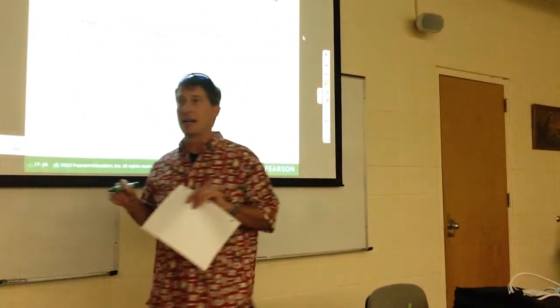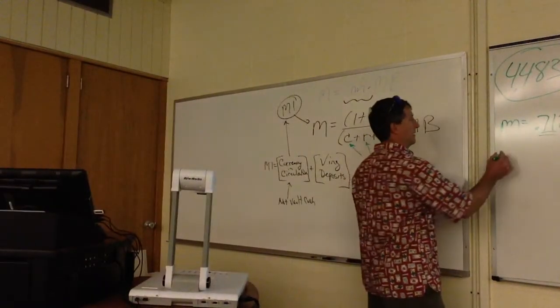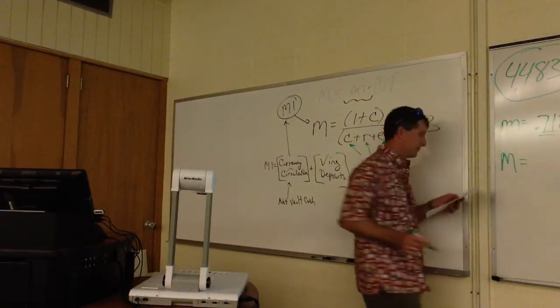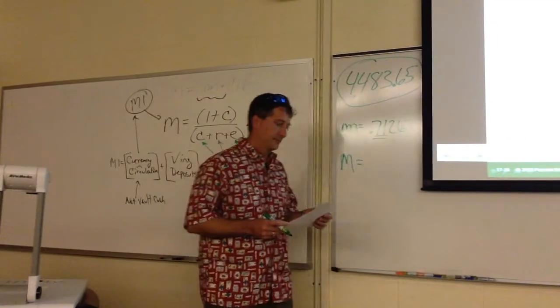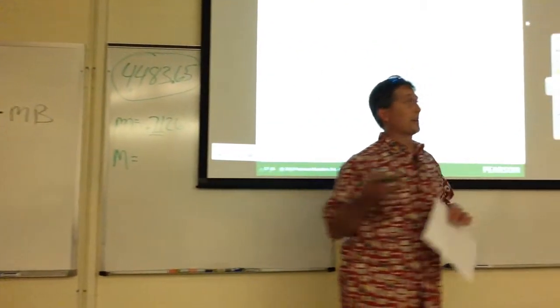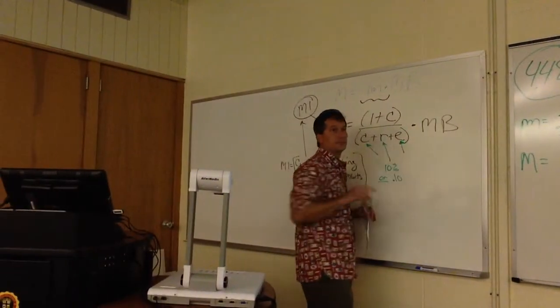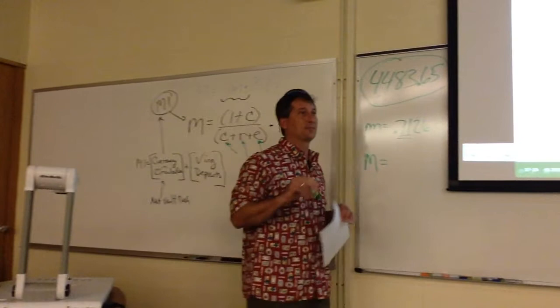What's the new money supply then? The monetary base did change. So the monetary base changed by the 1,400. So that's all the same. What is the money supply?